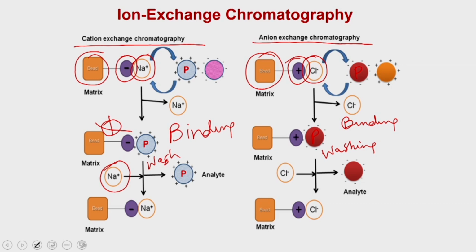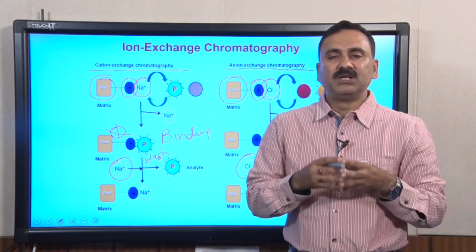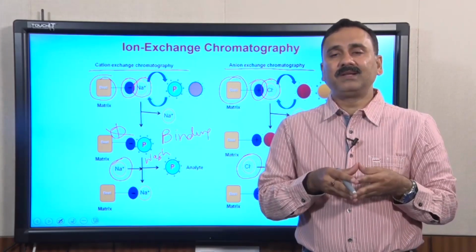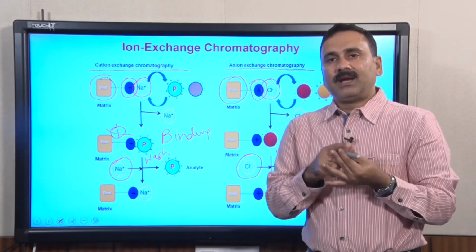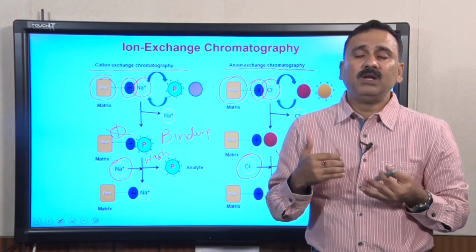Once you do the washing, it is going to remove the non-specific molecules. Afterwards, you will put in competitive anions, and that competitive anion is going to replace the protein, and this replacement is also going to correlate with the amount of negative charge present on that particular protein and its affinity for the matrix.